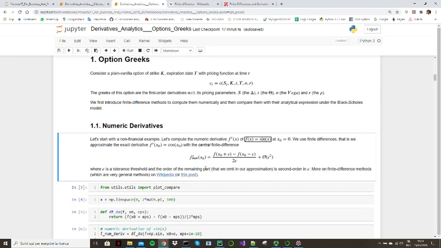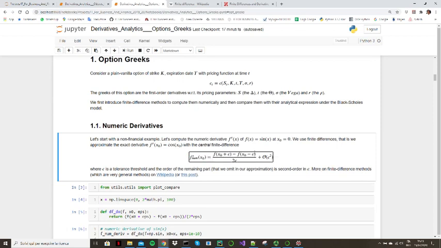In the example that we consider, the function is sin of x, the sinusoidal function, and the point is x0 equals 0. It can be shown that the central finite difference approximation of the first derivative of sin of x, which should be cos of x, the cosine of x, is given by this expression.